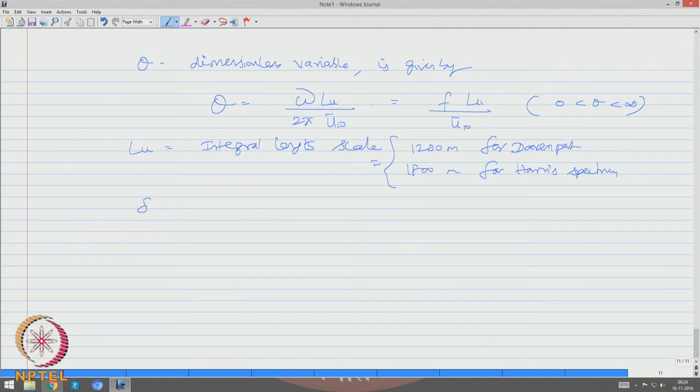Delta is called the surface drag coefficient, referred at U10. Usually this value is taken as 0.001. So, del is usually 0.001.